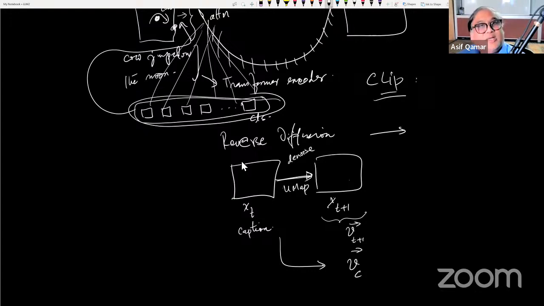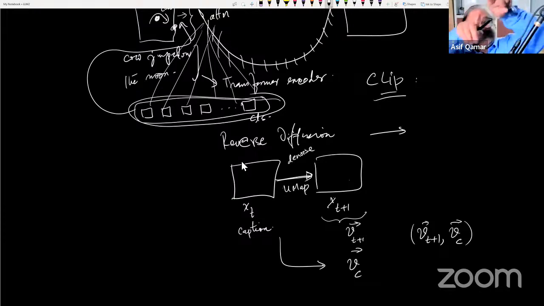And so what can I do? I can look at the gap between v_{t+1} and v_caption, and I can ask this question. This t plus 1 state vector depends on the parameters of the model. It is conditioned on whatever neural network I have.